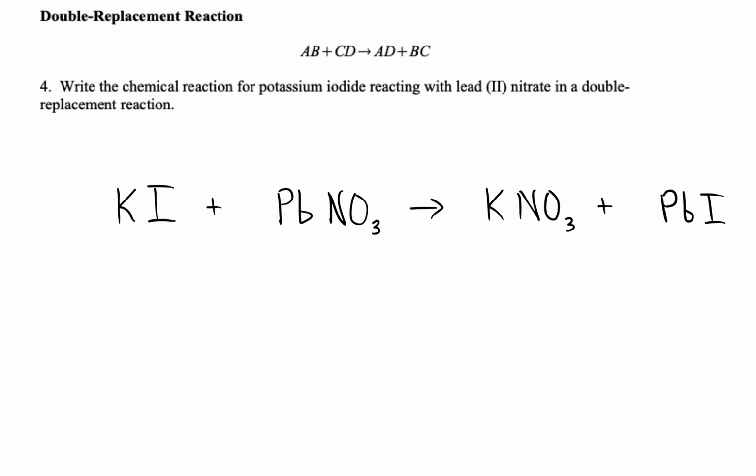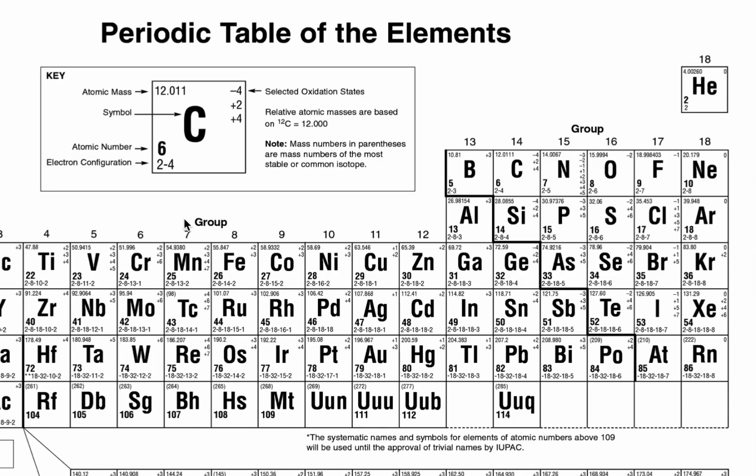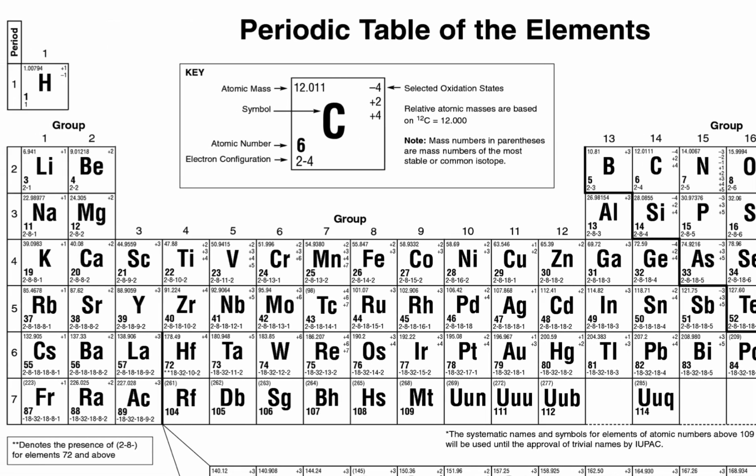All right, let's determine the correct formulas for each of these compounds. To do that, we want to find the oxidation states of each of these elements. Potassium forms an oxidation state of +1, so it always gives off 1 electron.